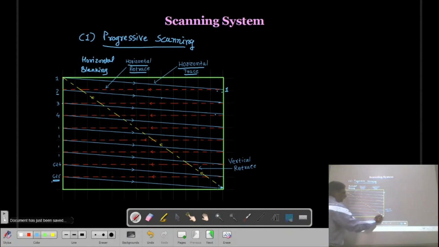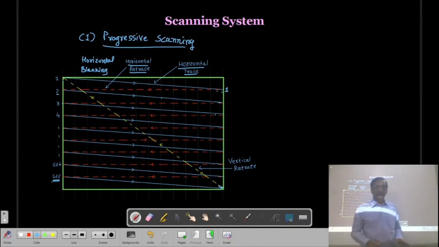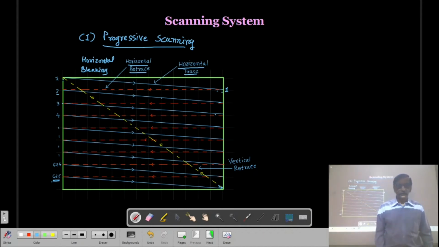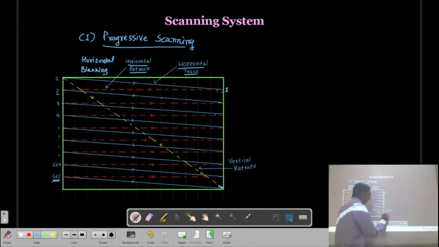Whatever this electron gun is there, it is coming from this point to this point. Again, the electron gun is going to be cut off. It is not collecting the information, and therefore it is known as the vertical retrace, or you can say vertical blanking.